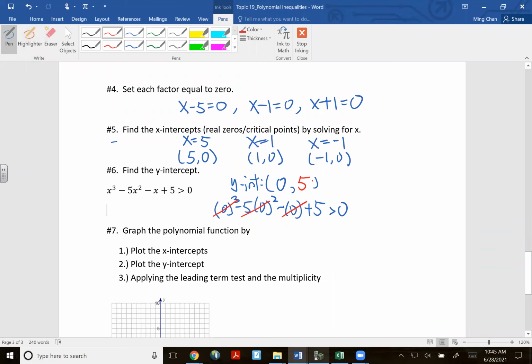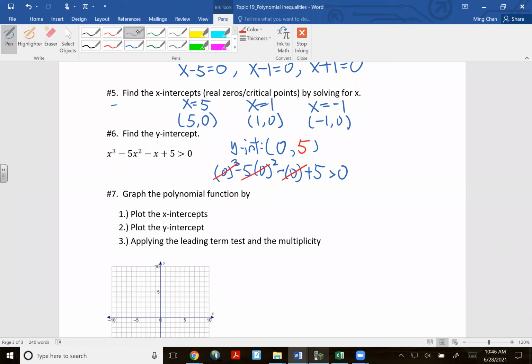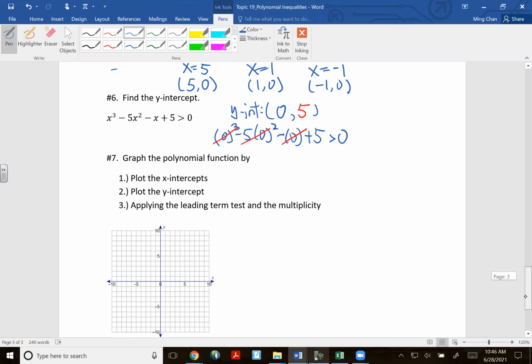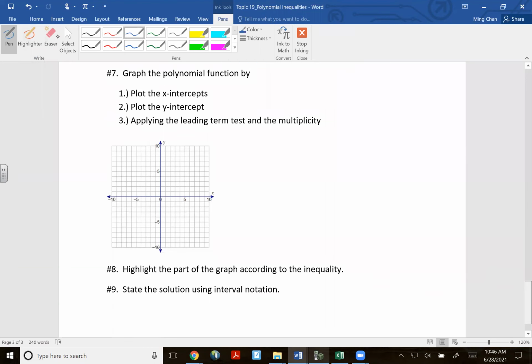The y-intercept is (0, 5). Okay, so let's graph them. Plot the x-intercept, (5, 0). We make this a little bit larger.